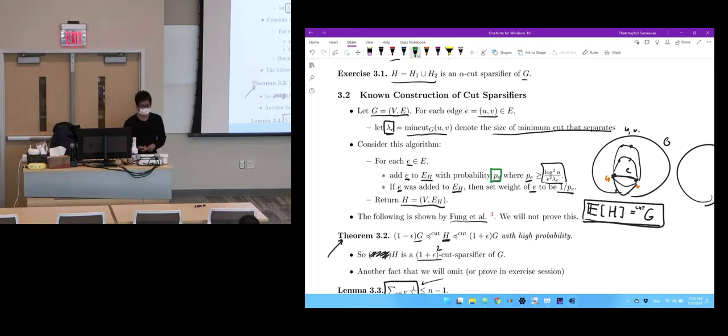What is the approach? How did we avoid computing lambda_e? Say again. You use something like lambda prime e to approximate, right? Yeah.